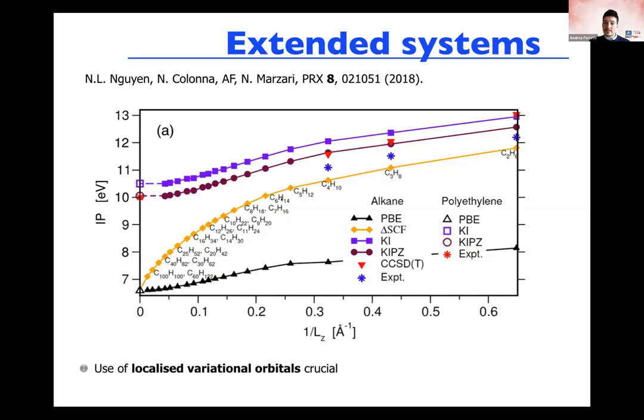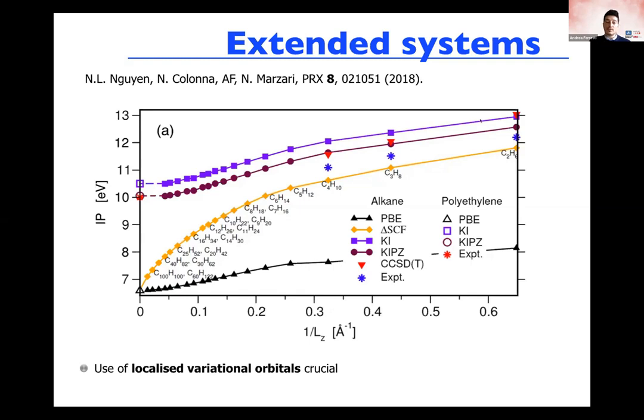It's this yellow line here that works nicely for finite size molecules, and then it goes basically to the Kohn-Sham eigenvalue here.